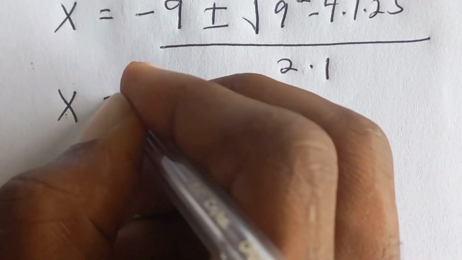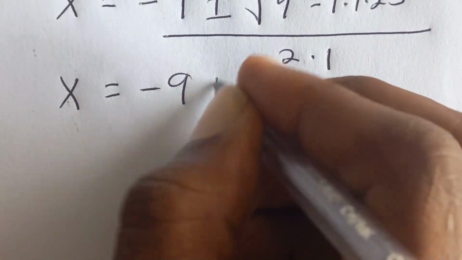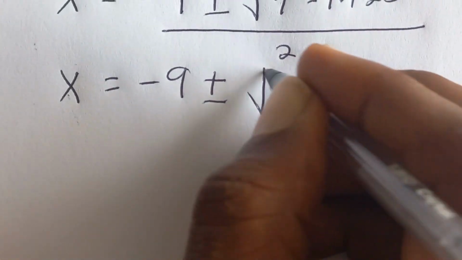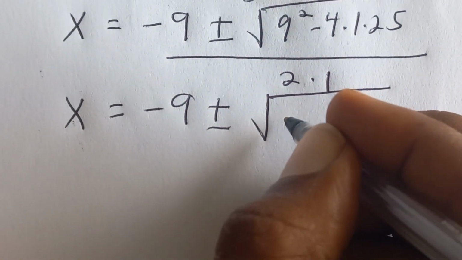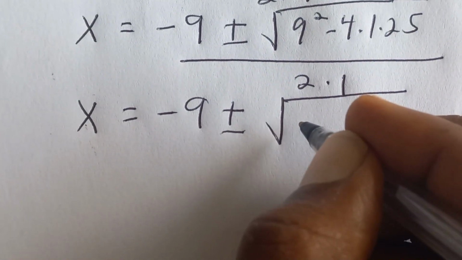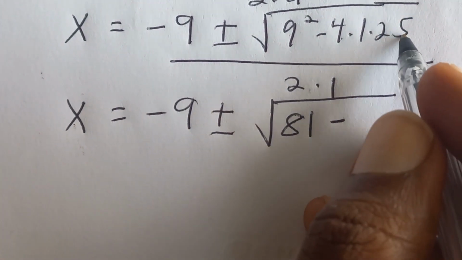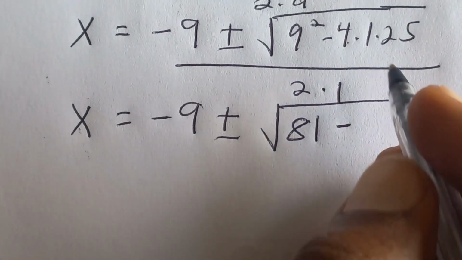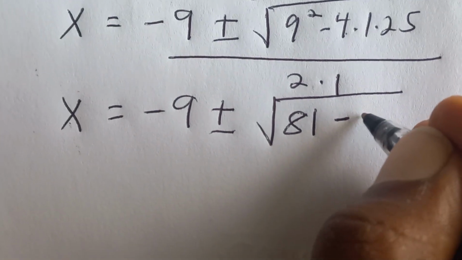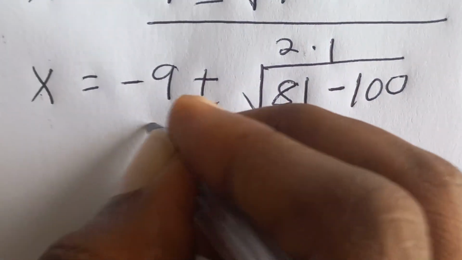So our x is equal to negative 9 plus or minus square root of 9 squared is 81. Okay, so we get 81 minus 4 times 25 is 100. 100 times 1 is still 100, so all over 2.